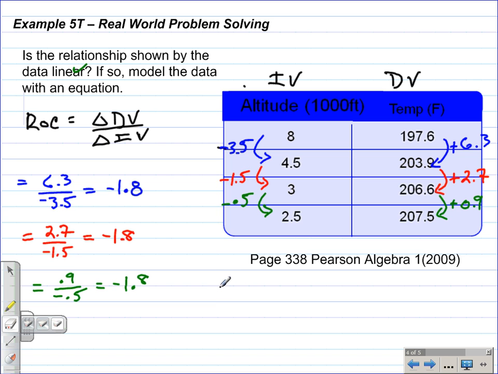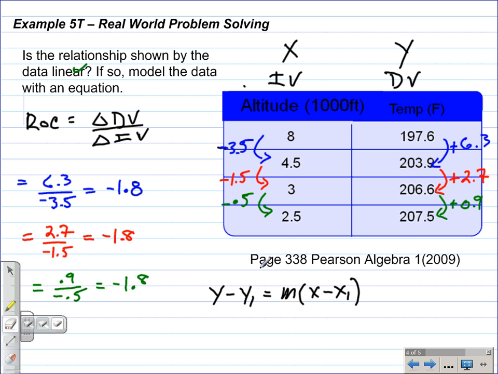Just like we did before, we're going to use the point-slope form. This is the point-slope form of a linear equation. We can use any pair of numbers as our x and our y. The independent variable, remember, is always the x variable. The dependent variable is always the y.